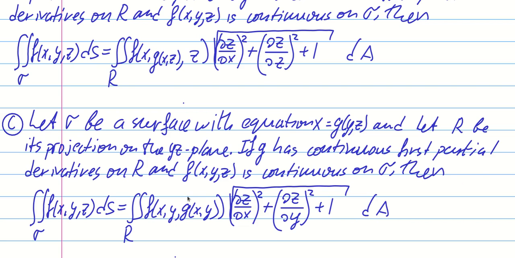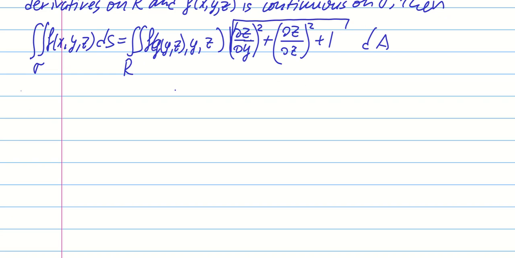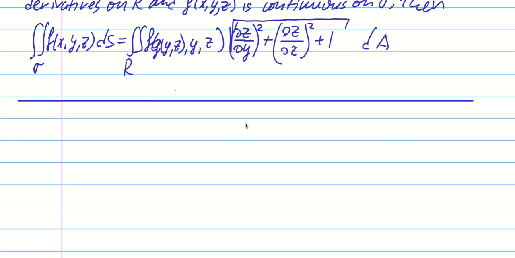All right, so over here, instead of x, we have to put g of y and z, and this is y, and this is z, but nothing else changes. So we can project it on any plane we like. Okay, so let's try to do some exercises.